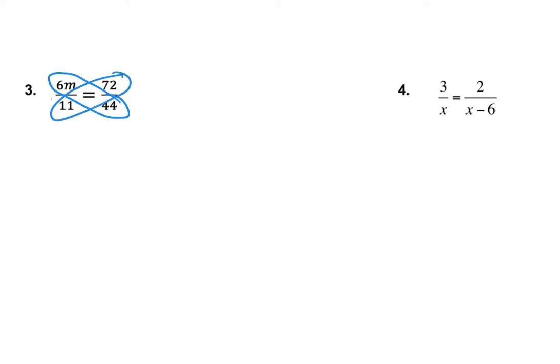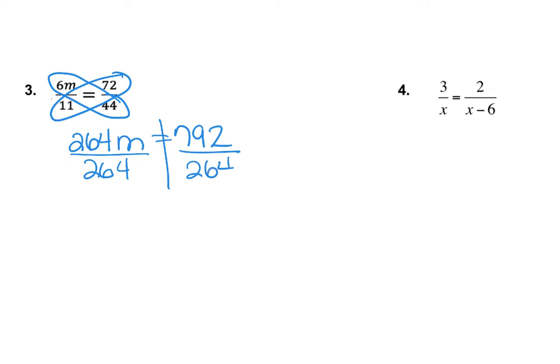So 6 times 44, I get 264, so I'll have 264m. And now I'm going to multiply the 11 times 72, and I'll get 792, and then I'm just going to divide by 264, and m is equal to 3.